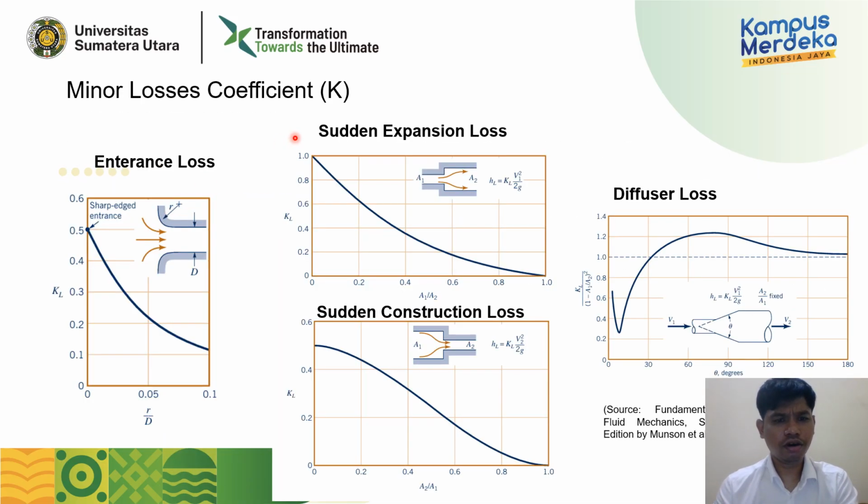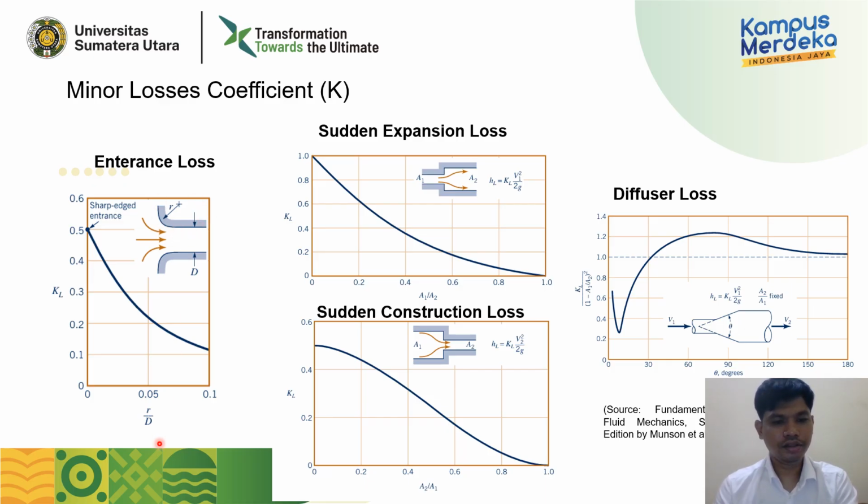The minor loss coefficients, or K, for an entrance loss, we find K depends on the r divided by D, as you can see from this figure, at the entrance.